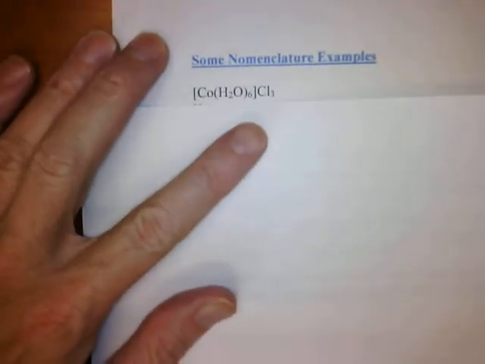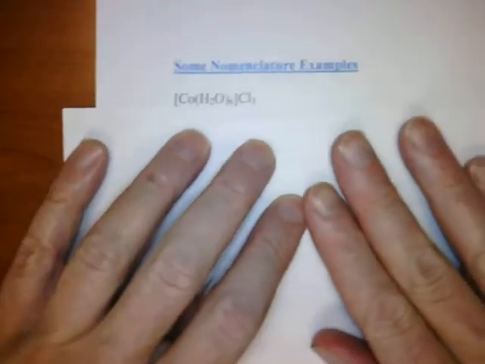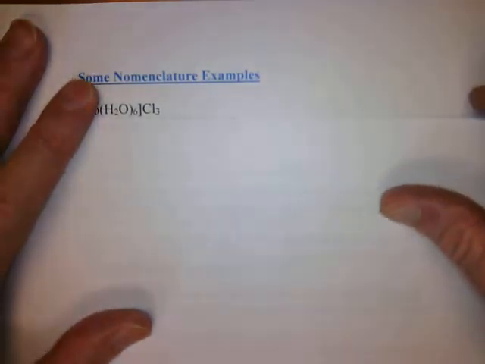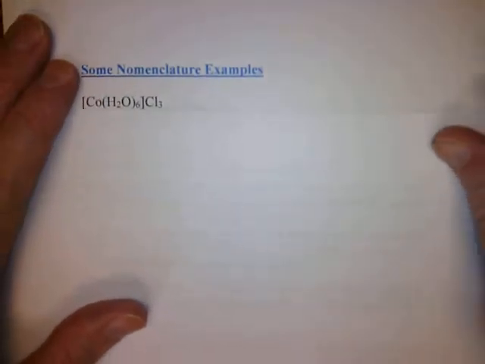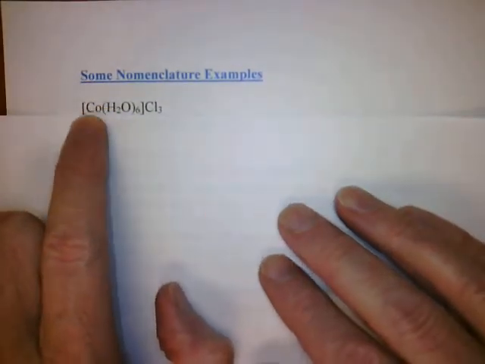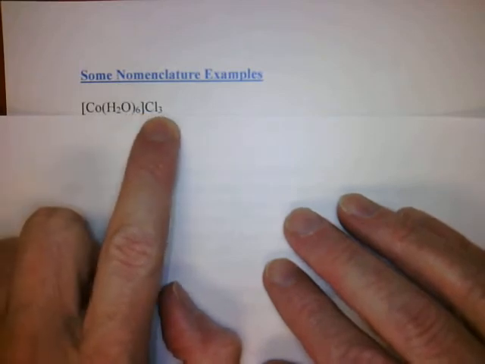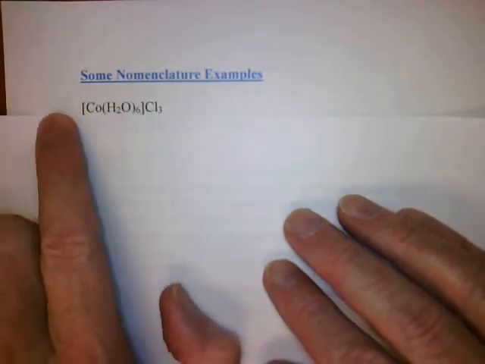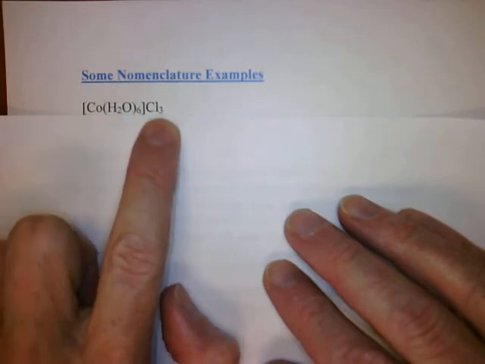So what about this first one? We have a complex ion. This is an example that I used in the previous video. We have a cobalt with 6 waters on it, and we have 3 chlorides present.